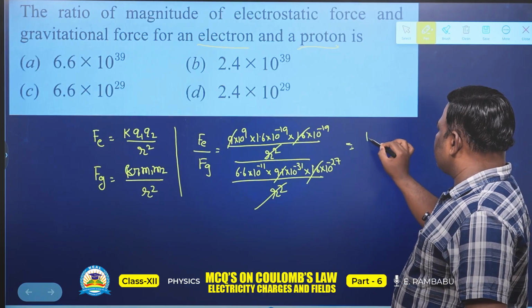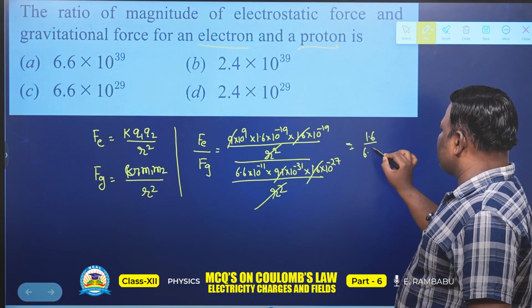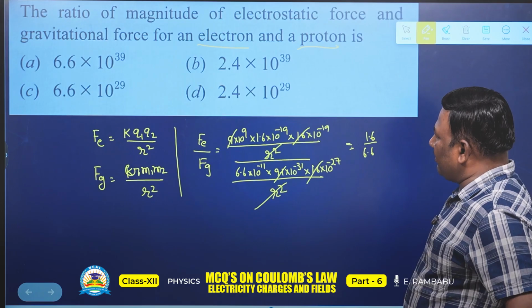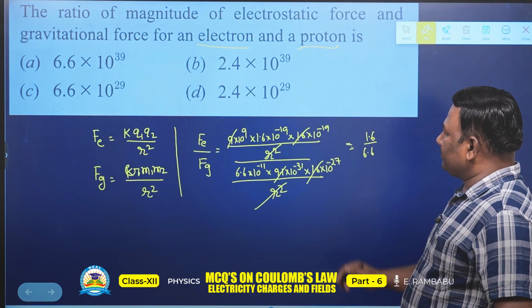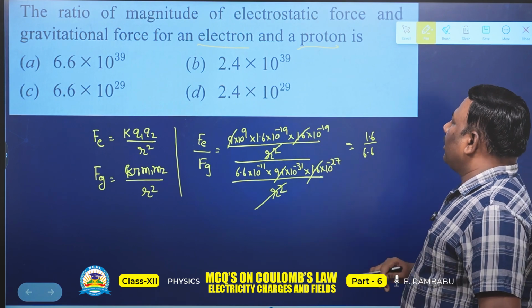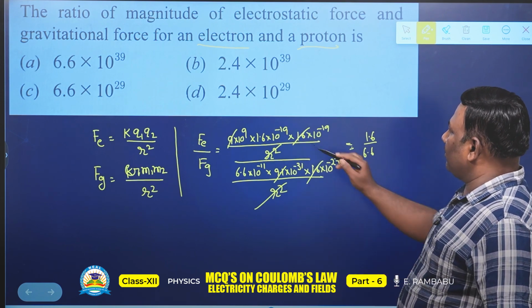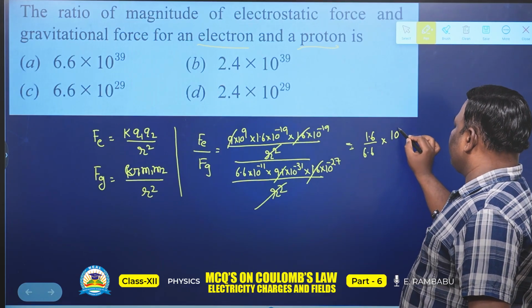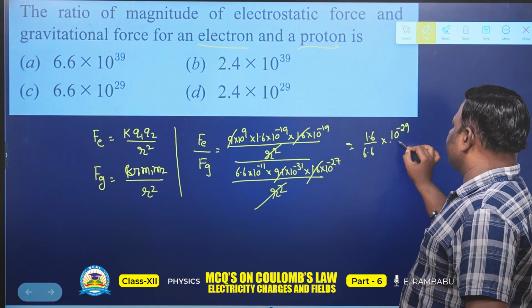It is remaining as 1.6 divided by 6.6, and numerator 10 to the power minus 19, minus 19, minus 38, plus 9, which means minus 29. 10 to the power minus 29.